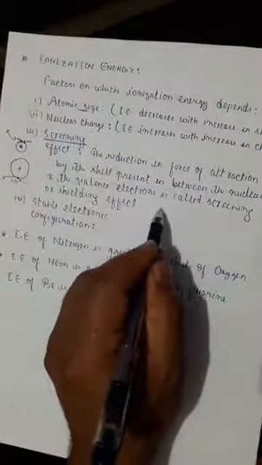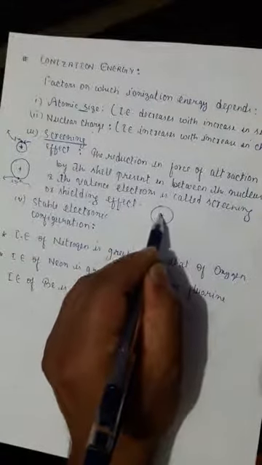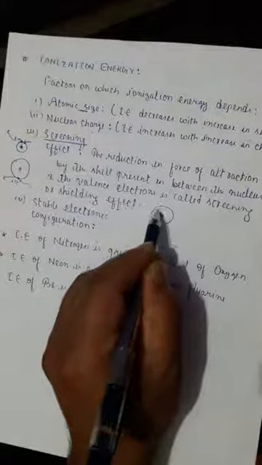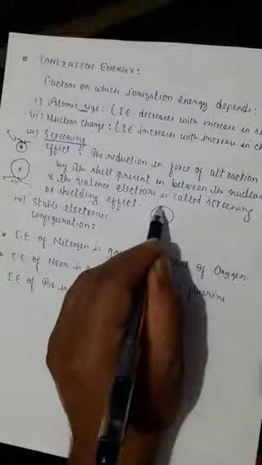Screening means, the definition, you have to remember what is the screening effect. The screening effect is the reduction in force of attraction by the shells present in between the nucleus and the valence electron, called the screening or shielding effect. For example, suppose the nucleus is present here at the center, and you have the outermost electron over here.